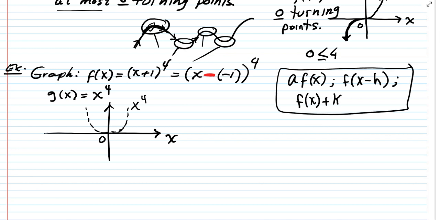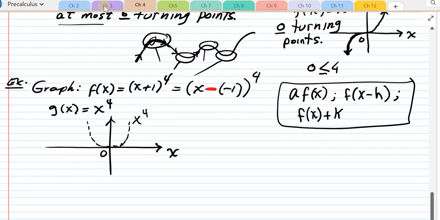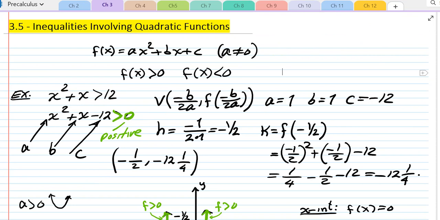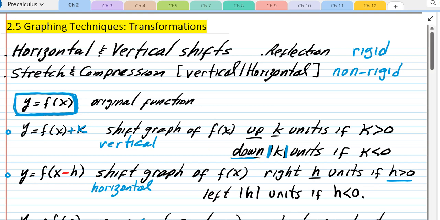So going back to that, if you look at f of x minus h, that's going to give me a horizontal shift, right? Let me see if I can quickly reference that. That was in our chapter 2. Graphing techniques, there you go.